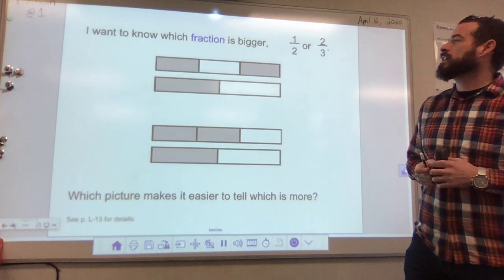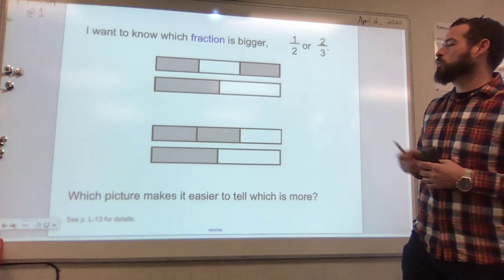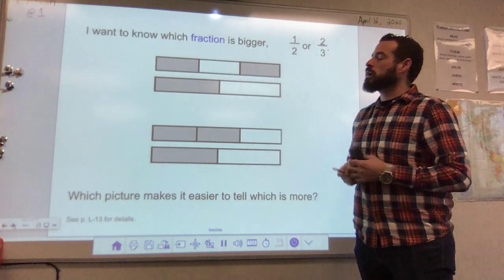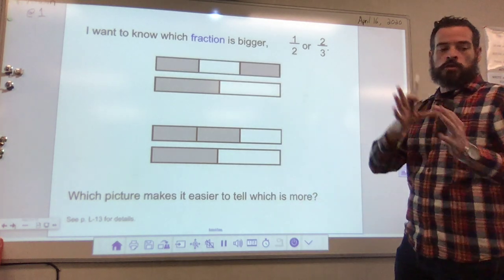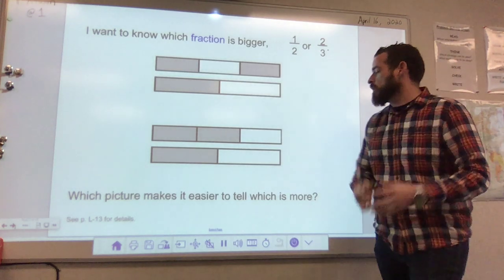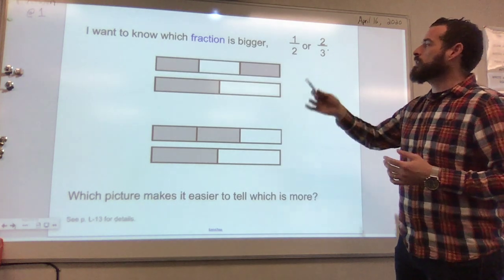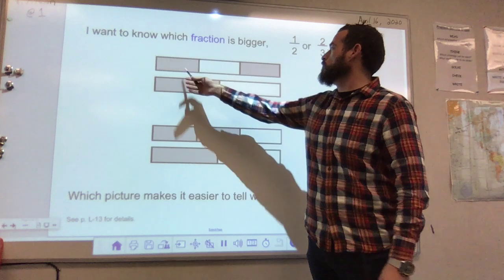Now, taking a look at this, again, now we're comparing 2 fractions, 1/2 or 2/3, wanting to know which fraction is bigger. And this just goes to how, when you're using your fraction strips and trying to compare fractions visually, you line it up and how you shade in. So if you look here, you've got the 2/3 shaded.